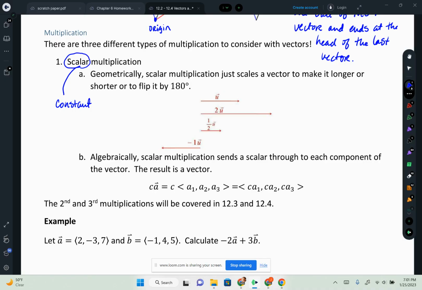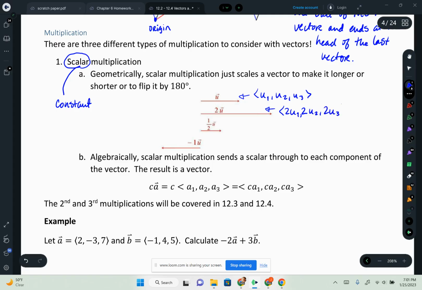So for example, if we look at this geometrically, if this first vector right here is u, then if we were to multiply u by a 2, the 2 would double the entire length of the vector. But the only way it could do that is if the 2 was multiplied into all of the components. So if this was u1, u2, u3, then 2u would be 2u1, 2u2, and 2u3, right?